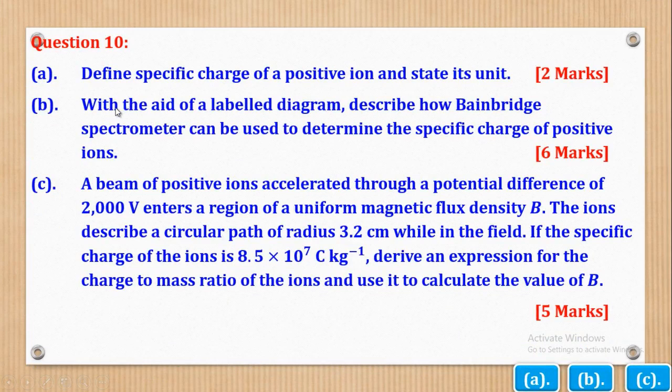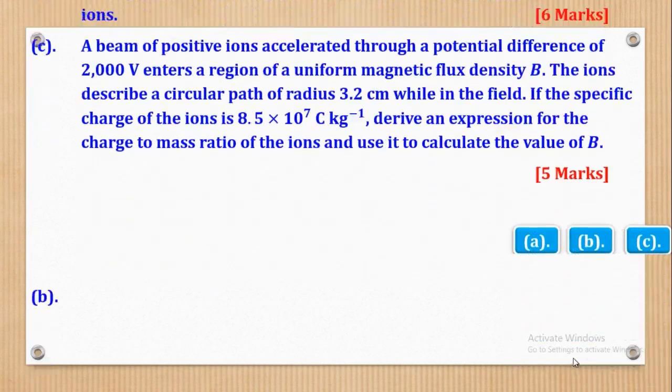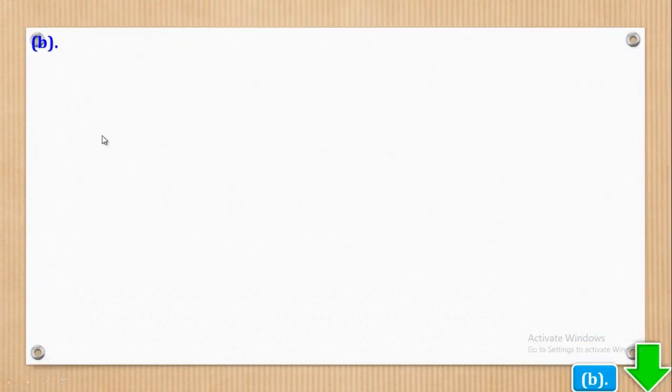Part B says, with the aid of a labeled diagram, describe how Bainbridge spectrometer can be used to determine the specific charge of positive ions. So this can be easily answered with the aid of a diagram.